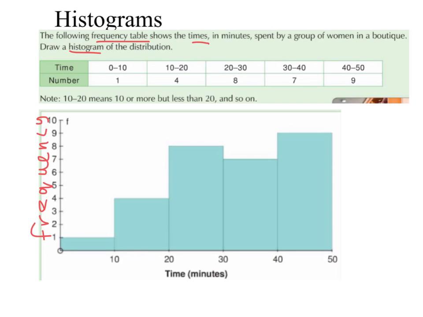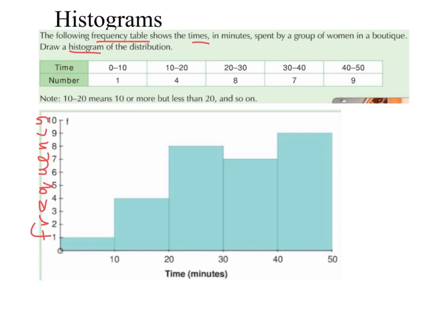So we have to go up in tens on our x-axis. So 0, 10, 20, 30, 40, 50. So we're going to label our x-axis as time in minutes, and our y-axis can be labelled as frequency. It's usually labelled as frequency, or in this case it could be number of women. And then we're going to start to draw out our histogram.